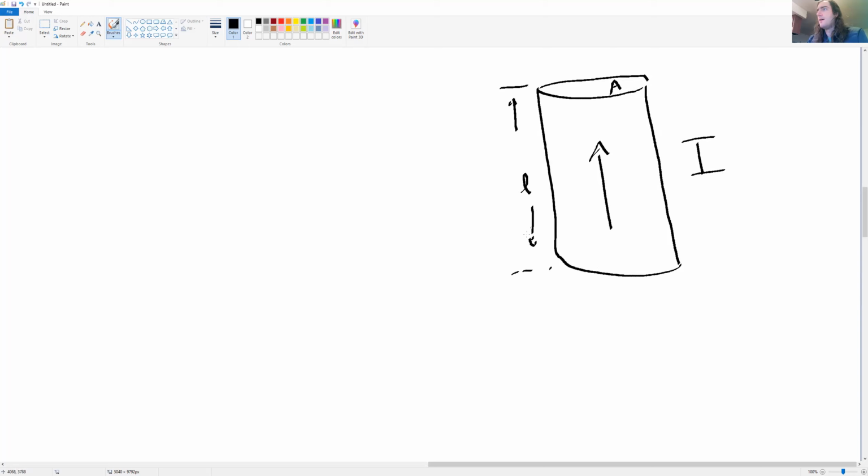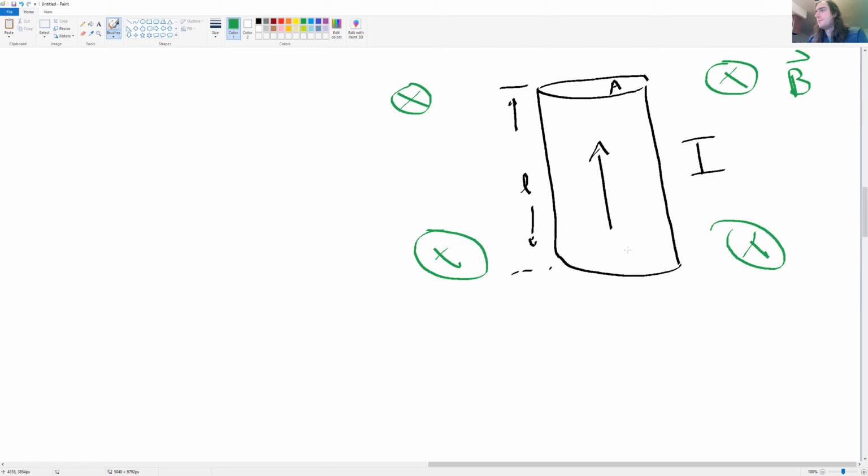So the length of the wire is L. And we can put it in a magnetic field, maybe like this. Okay, so that's into the board, and the velocity of the charges is upward if the current is upward. We have all these charges moving up.